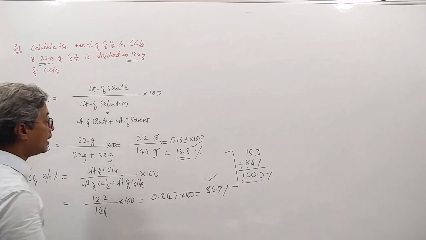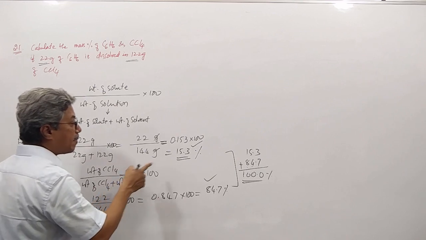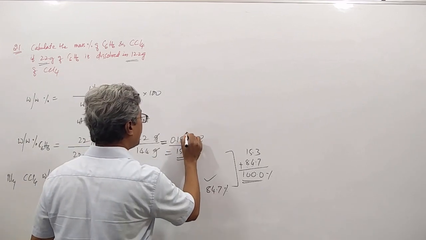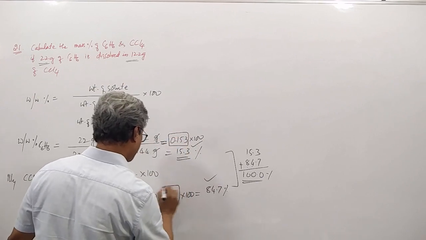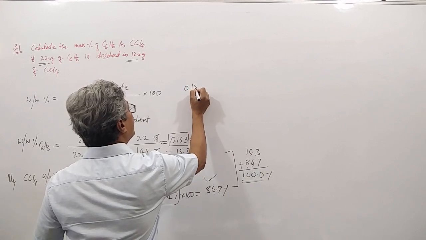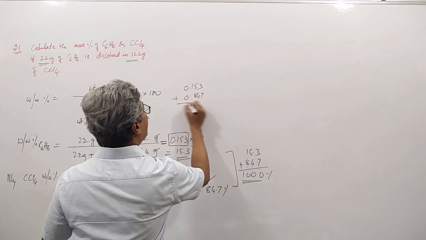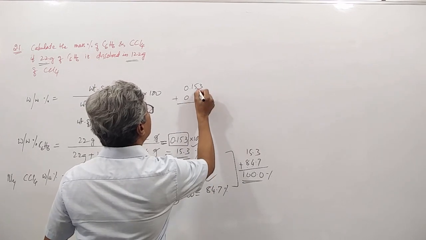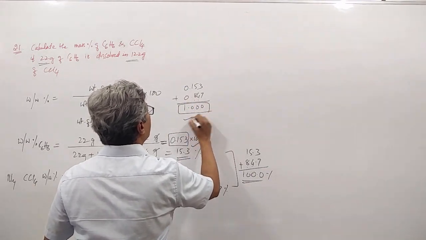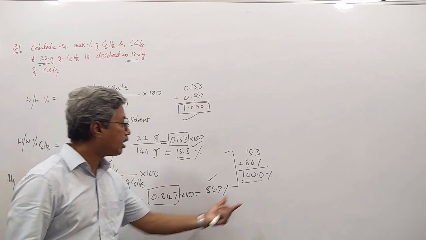Now, suppose it is not mass percentage, if it were just mass ratio, then only this would have been the answer. Now you add these two: 0.153 plus 0.847, it will be 1. If it were percentage, it will be 100.